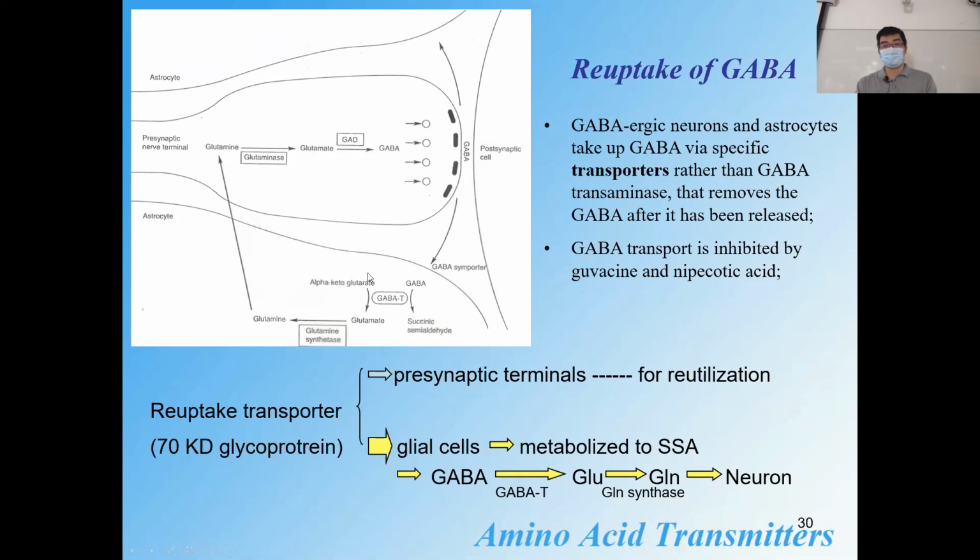You still remember the glutamate also does similar things: uptake of the glutamate and then conversion into glutamine. Then glutamine can pass out and it will not affect the transmission. Here you want to remove it as soon as possible and convert it to something that will not affect the neurotransmission outside. And at the same time, you can pass it through to the neuron so that the neuron can reuse it again. So that's the reason why the astrocytes are doing a supporting role in the transmission.